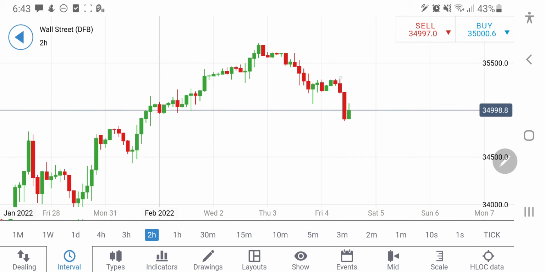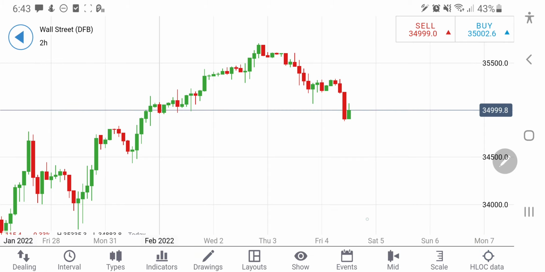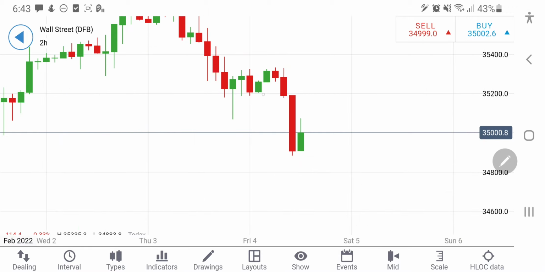On the 2-hour charts also, see, this is kind of a fall it is trying to form, but since it has formed sharp red candles, it can again rise towards this zone at, let me zoom it a bit, 35,200, which is going to be a stronger resistance for US30 for any move upward. So a probable move beyond 35,100 can take it towards 35,200.